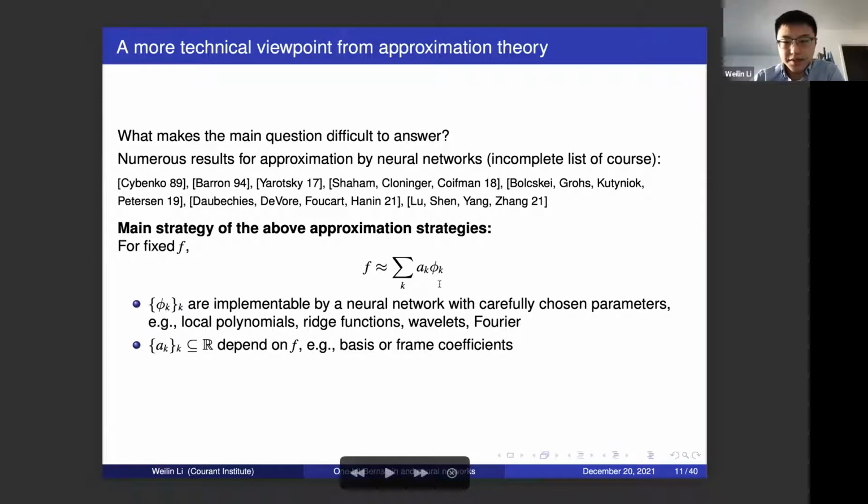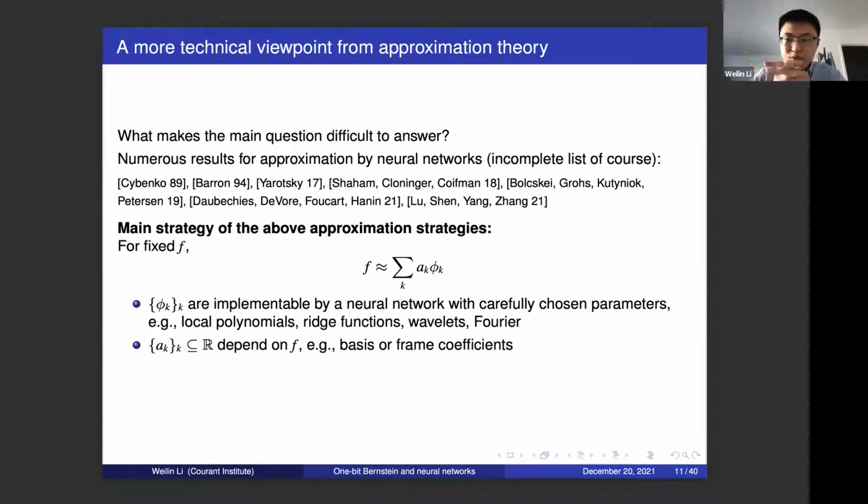Because how is this function implemented by a network? Typically, the network would implement each of these phi's, and then in the last layer, they would add these phi's together using a sum. It would weight each of these phi's by the a's and then add them together. If we were to use a quantized network, say with only plus or minus ones, we would need to be able to implement each phi with a network with only plus or minus ones.